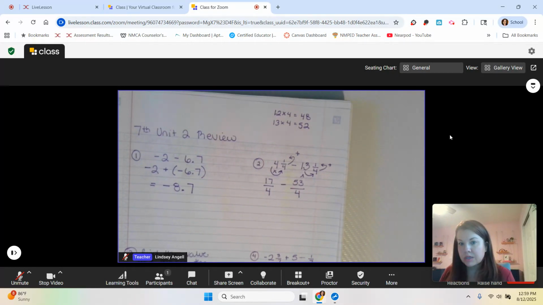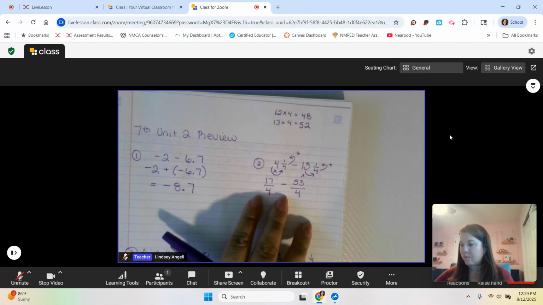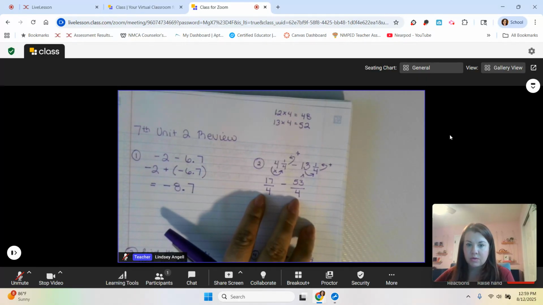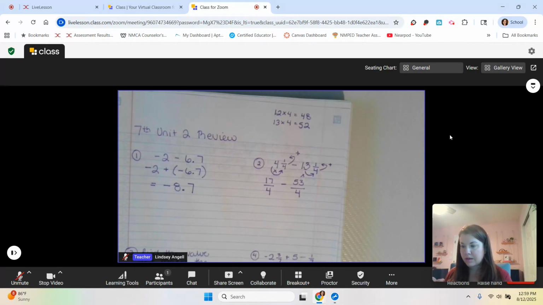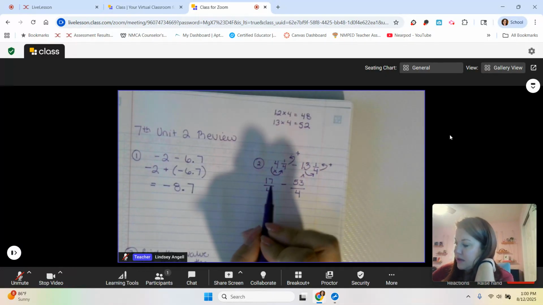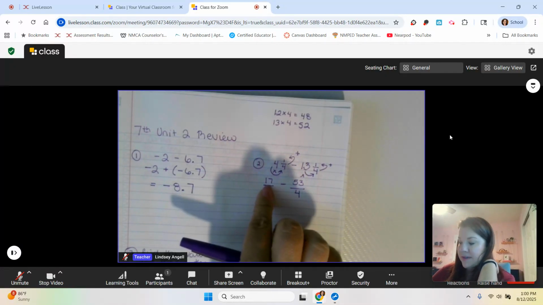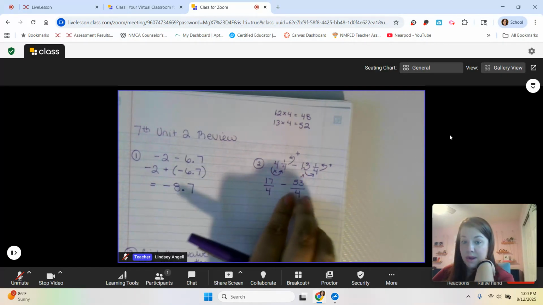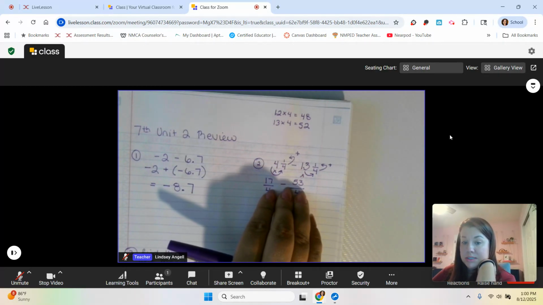So this is similar to the first one in that we can use our rules of adding integers for this one as well. So I have 17 minus 53, if I'm only focusing on my numerators.